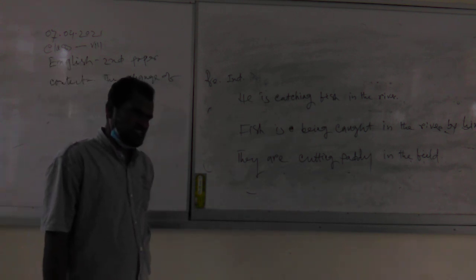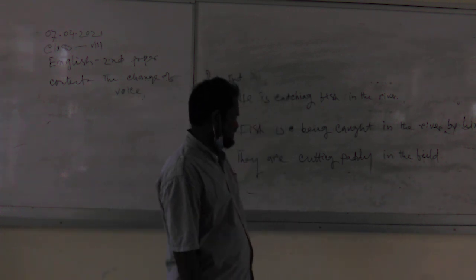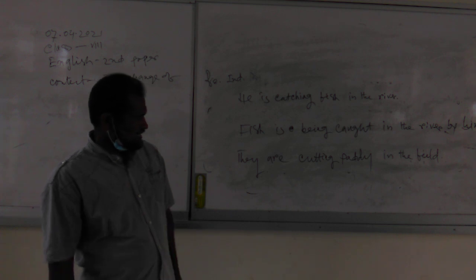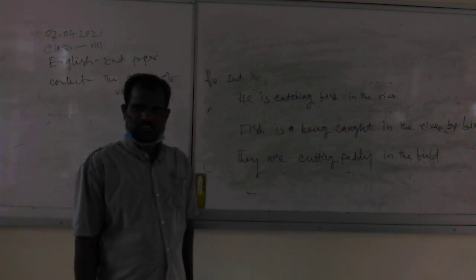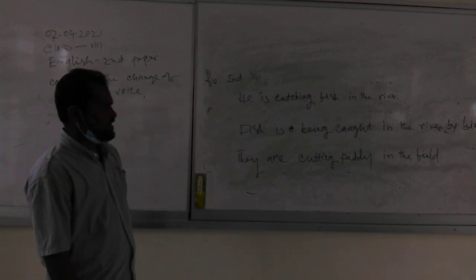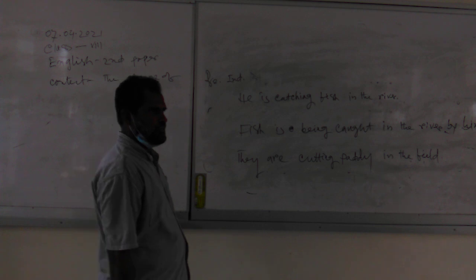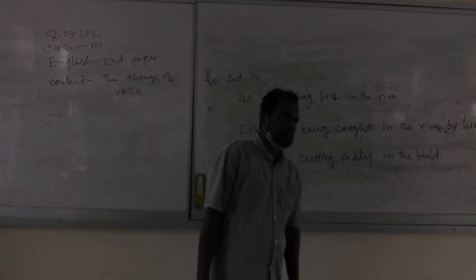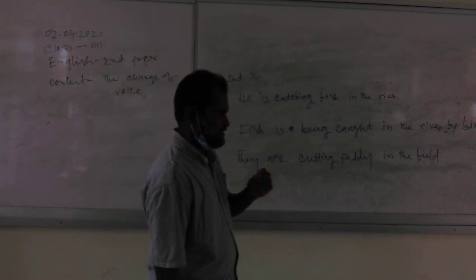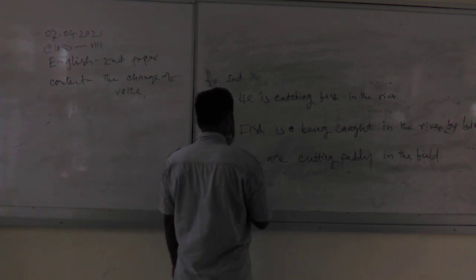We can see that they are cutting paddy. What are they cutting? You can ask in this way. What are they cutting? Paddy. For this reason, paddy is the object in the sentence, and you will have to make it the subject of the passive voice.